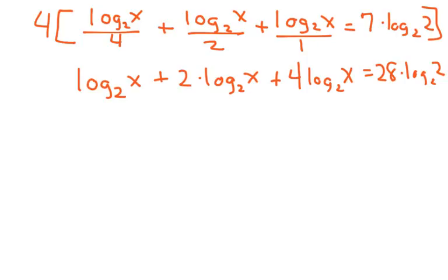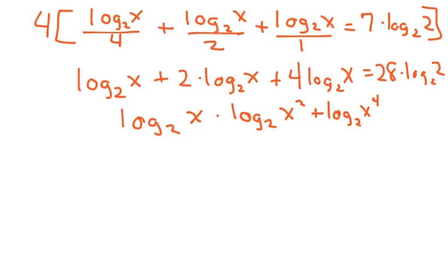Now, when you use your power property, we can put all this together, and we're going to get log base 2 of x times log base 2 of x squared plus log base 2 of x to the 4th equals log base 2 of 2 to the 28th.